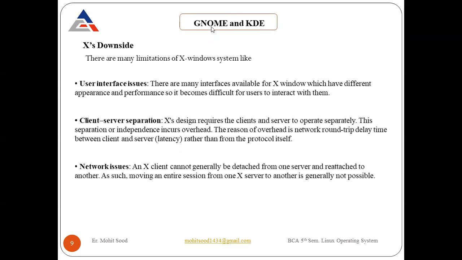If we are talking about the GNOME desktop, basically it requires a 700 megahertz CPU and 768 MB RAM. Again, I repeat, if we are talking about a GNOME environment, a GNOME desktop, it requires a 700 megahertz CPU and 768 MB RAM.